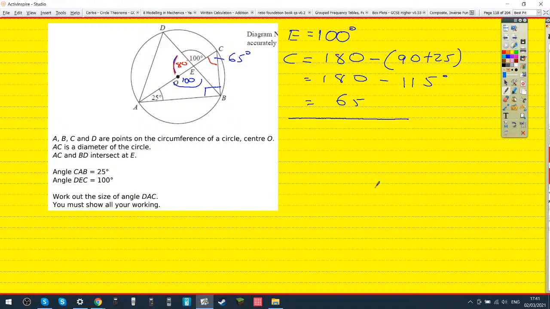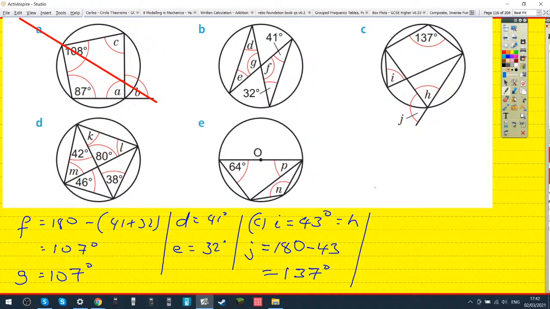Any ideas? So it's similar to these ones back here. What did you know about D and 41? They're the same. Yeah.